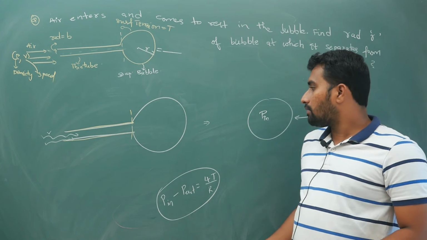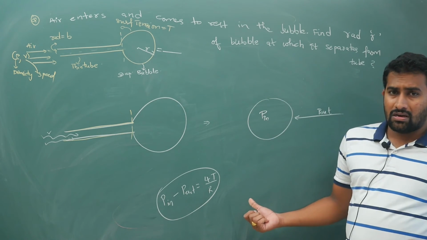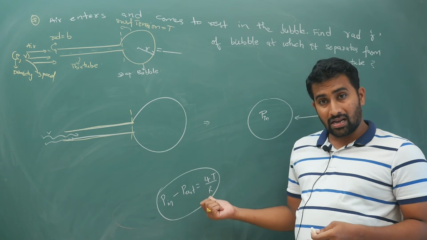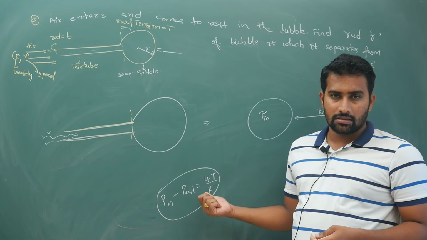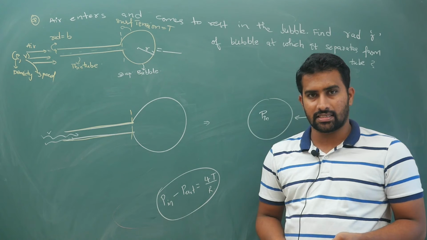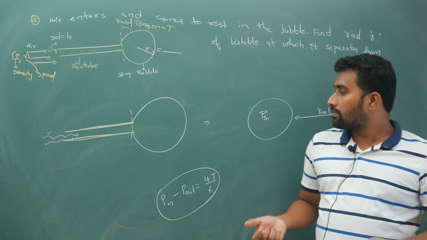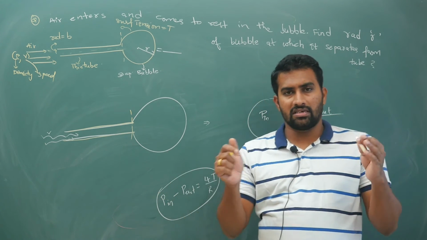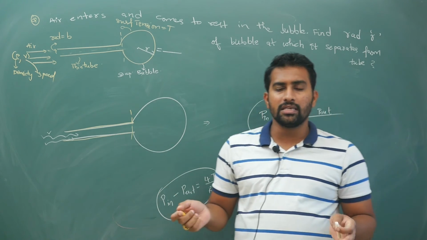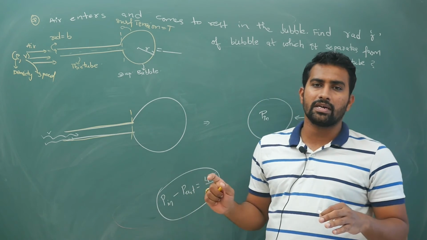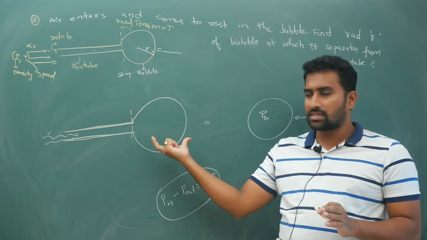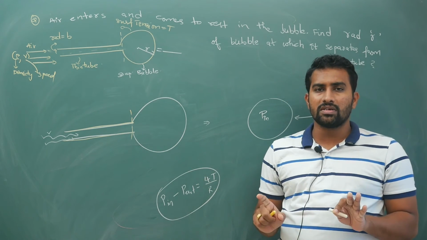When you keep filling the air, your r will increase, and P in should usually decrease if radius increases. Initially the radius will keep increasing, and once a critical value is reached, further growth will stop.